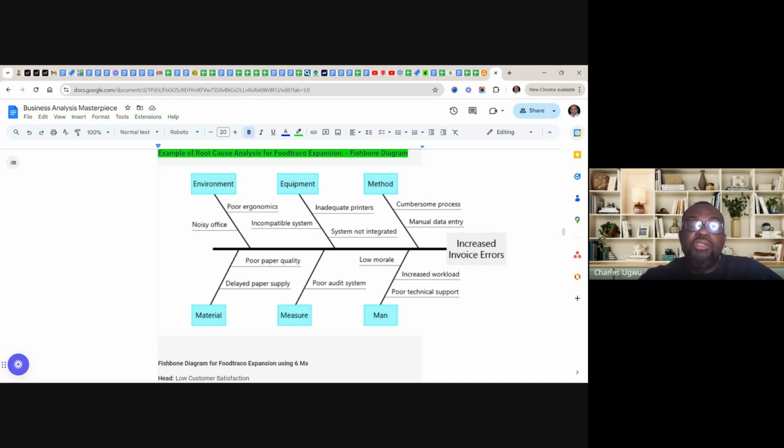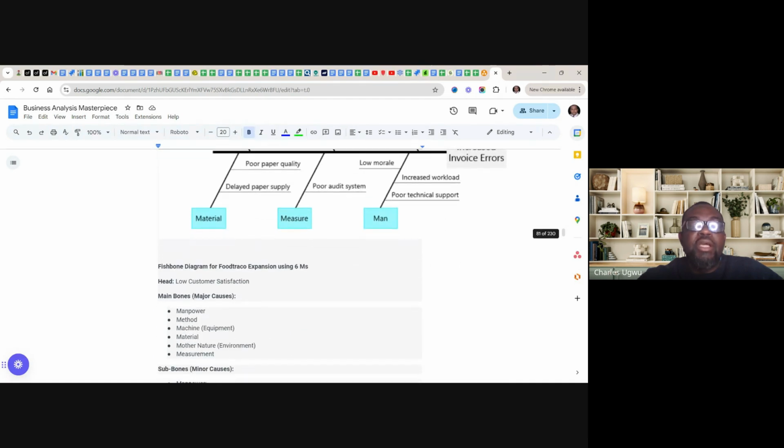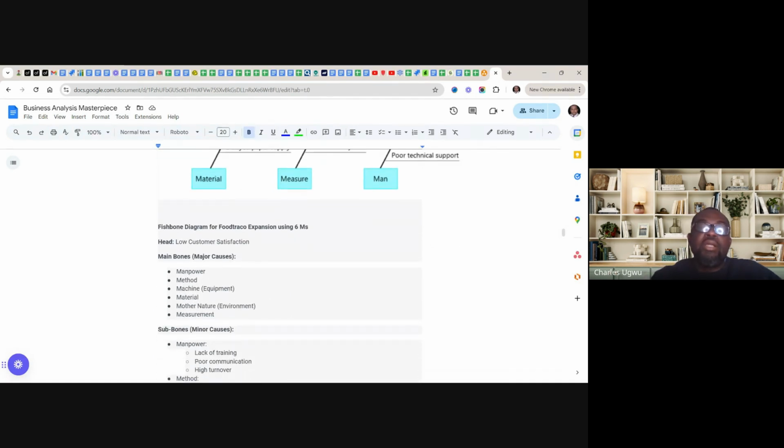And once that is done, the problem is solved. So that is it here. You see, those are the 6 main causes: manpower, method, machine or equipment, material, mother earth or environment, and measurement.